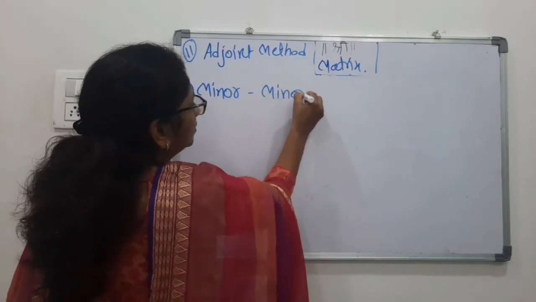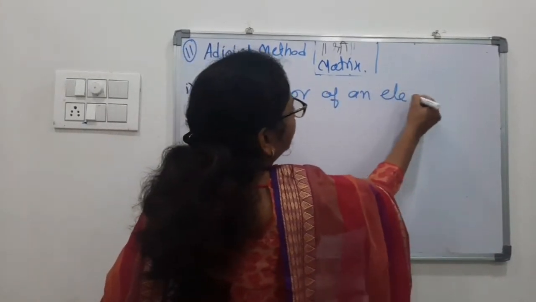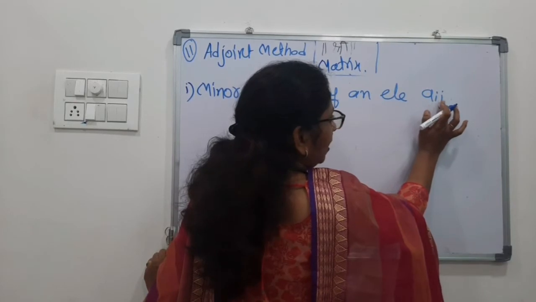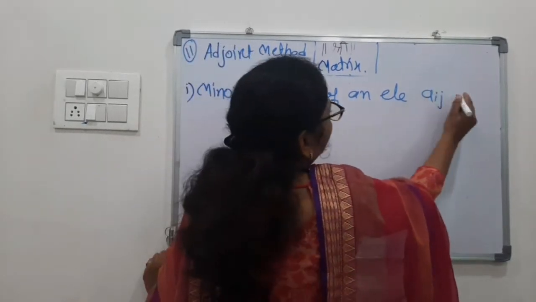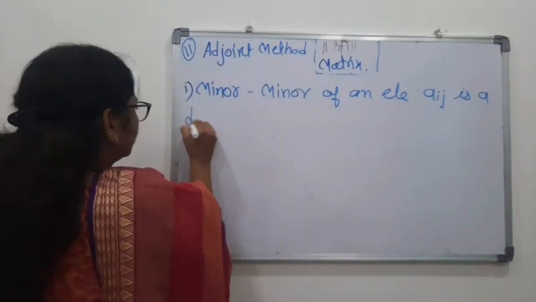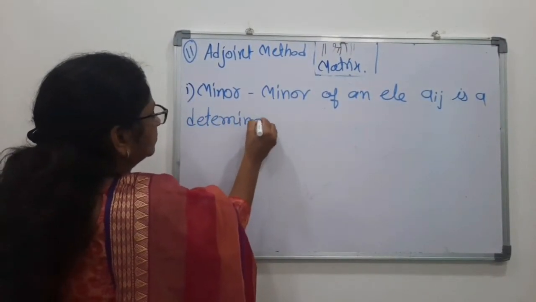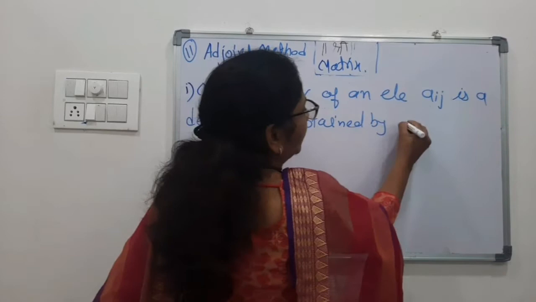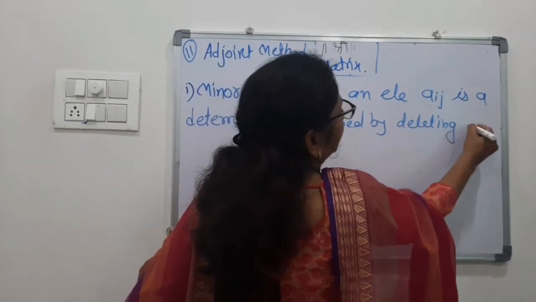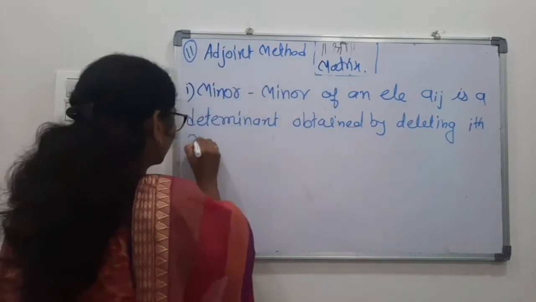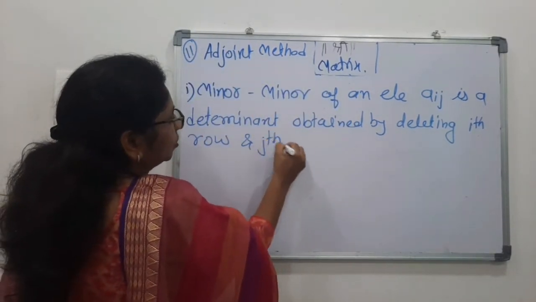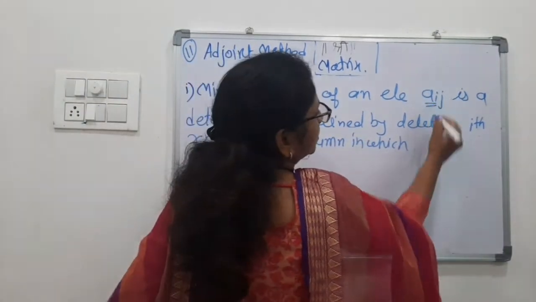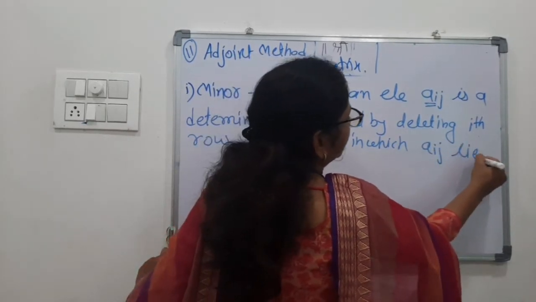The minor of an element, say Aij, meaning the element lies in the ith row and jth column, is a determinant obtained by deleting, you may say hiding, the ith row and jth column in which this element Aij lies.